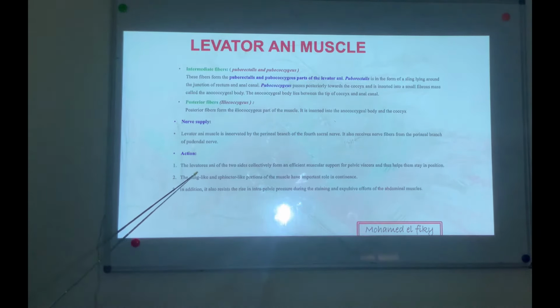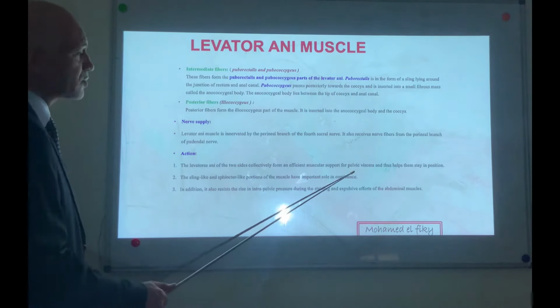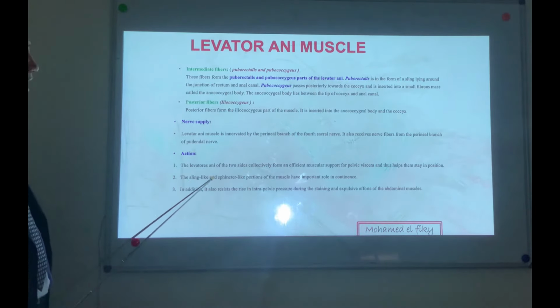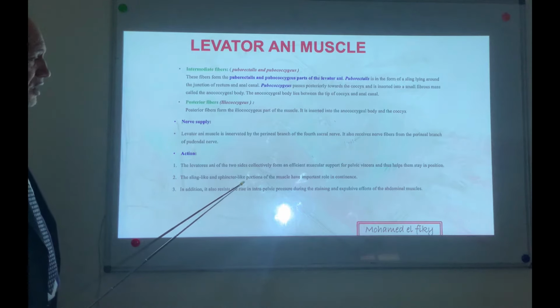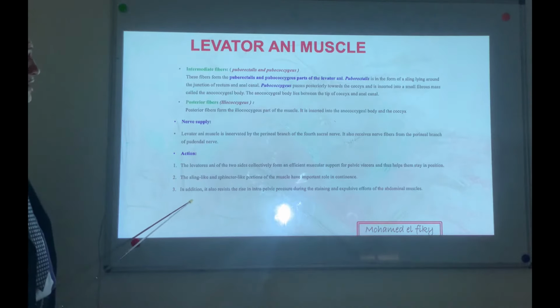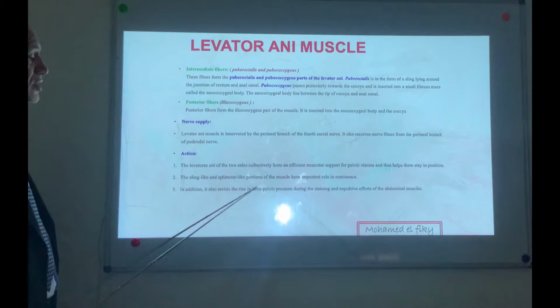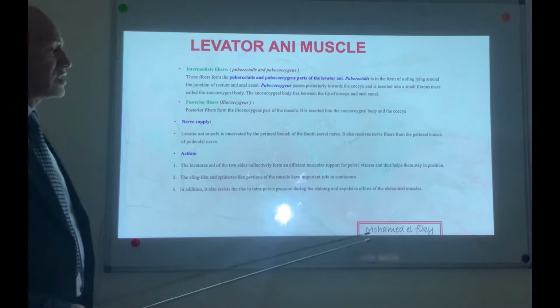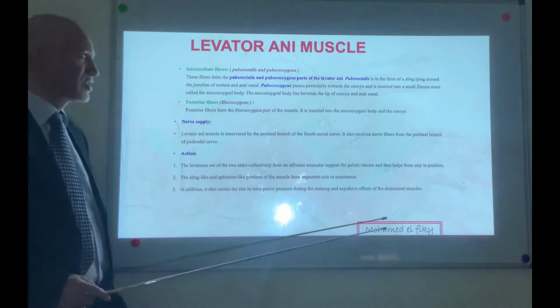Action: the levator ani of the two sides collectively form an efficient muscular support for the pelvic viscera, with a sling-like sphincter surrounding the lower end of the rectum and anal canal, and increase intra-abdominal pressure during expulsive actions such as coughing, micturition, defecation, and so on.